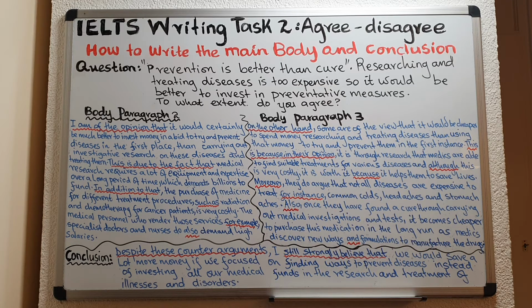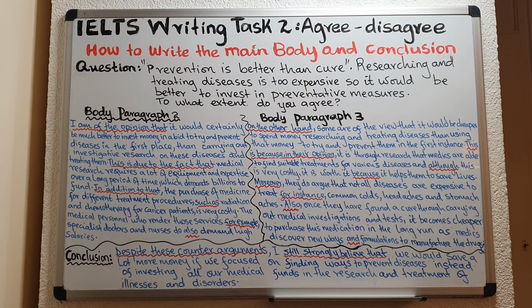They say that we should invest a lot of money in research and treating diseases instead of trying to invest money in preventative measures, because not all diseases are expensive to treat. For example, common colds, headaches, and stomach aches. So that is the second point that I have given that supports the second opinion.